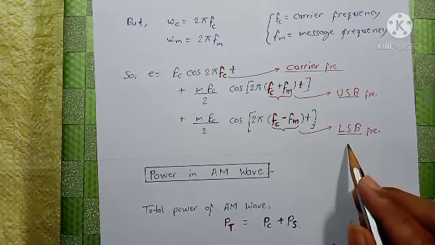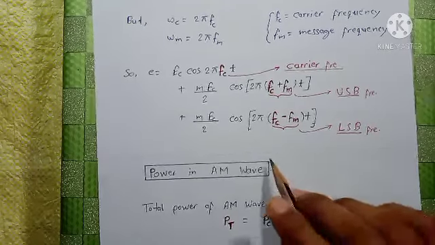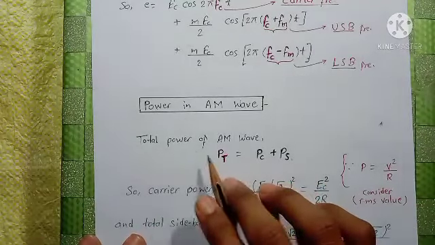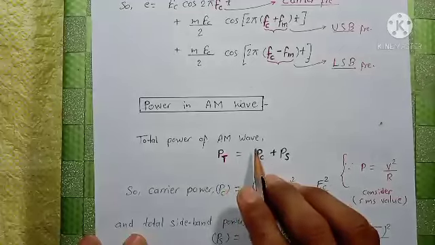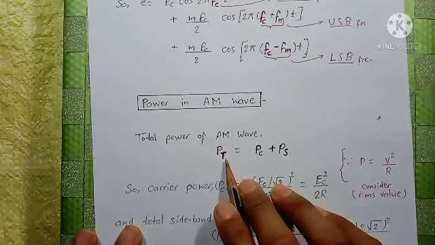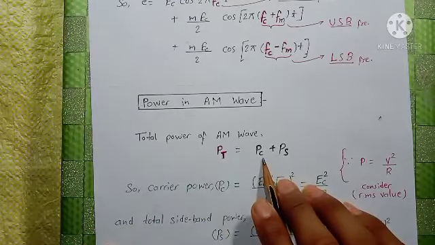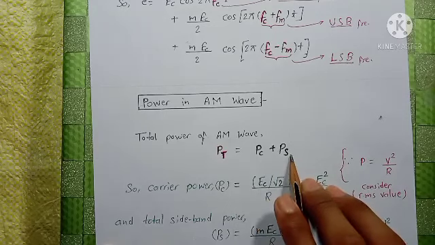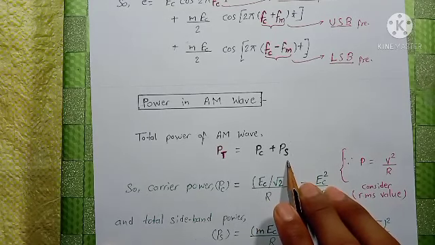Now we will discuss power in the AM wave. So we know that the total power of the AM wave, here PT is our total power, PC is our carrier power, and PS is our total sideband power.